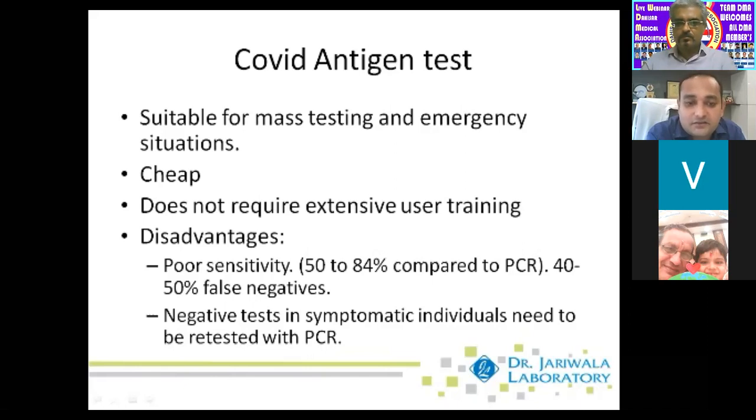And that is the reason that when an antigen test is done in a symptomatic individual, and if it is negative, we have to mandatorily recheck the test or do a follow-up testing with a PCR test. Next slide, please.